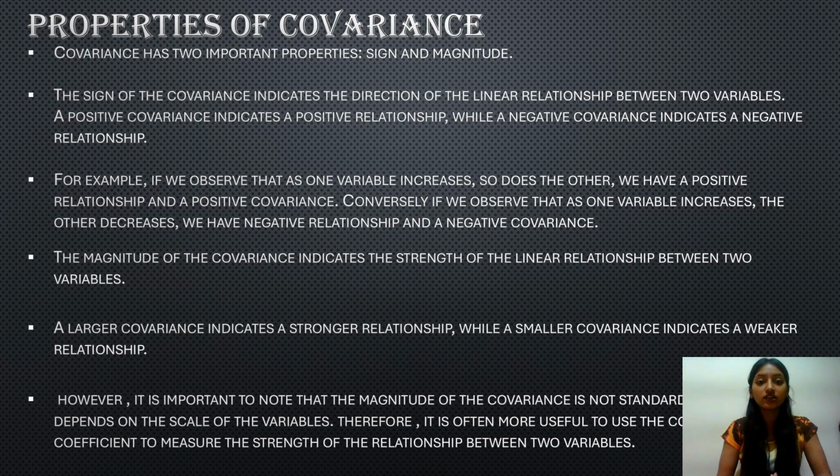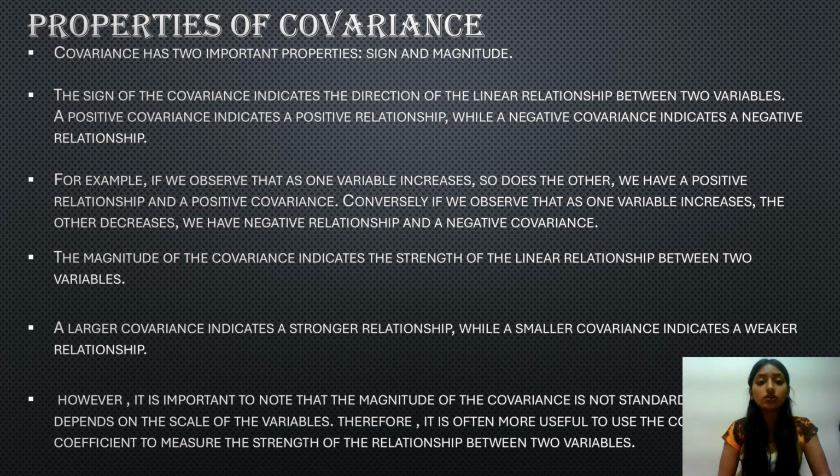Properties of covariance. Covariance has two important properties, sign and magnitude. The sign of the covariance indicates the direction of the linear relationship between two variables. A positive covariance indicates a positive relationship, while a negative covariance indicates a negative relationship.